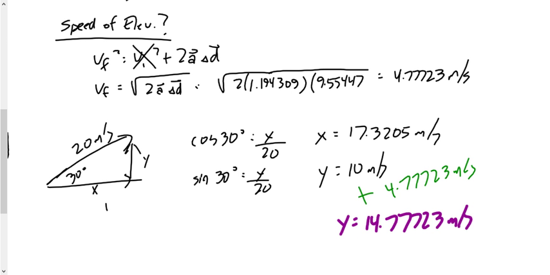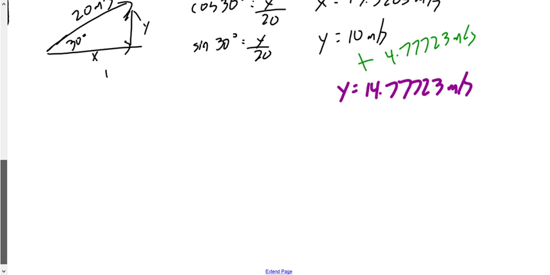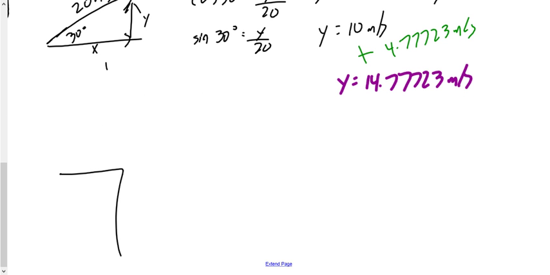All right. Now it's just a straight projectile motion question. Now I'm going to redraw that again. My height is 9.55447 meters. This is where it's released from. It's released with an initial x velocity, let's say, of 17.3205.